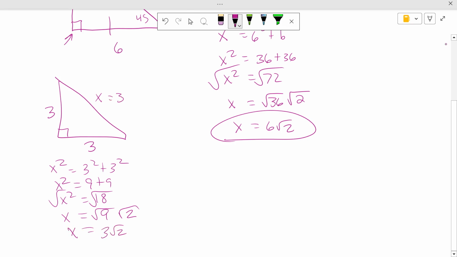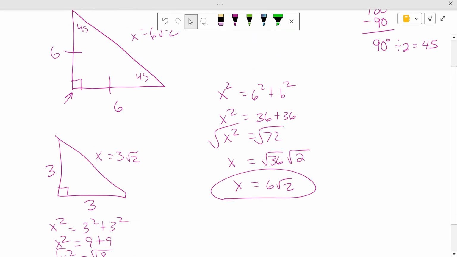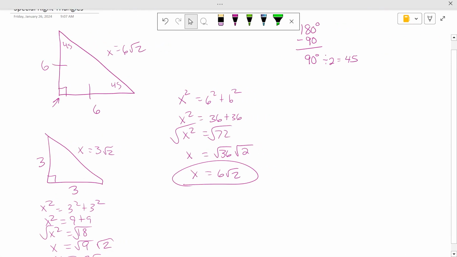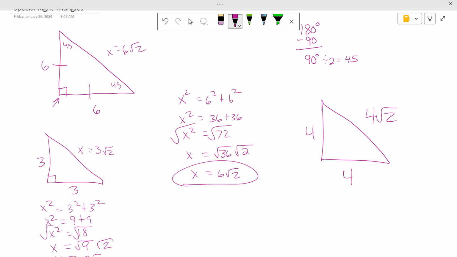See a pattern between these two? Six square root of 2. 3 square root of 2. If this is 4 and 4, what would this side be? Amazing!